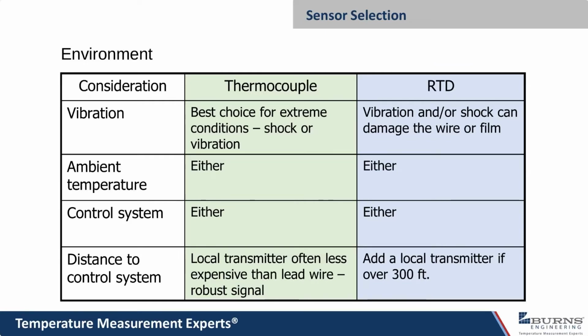The RTDs are less susceptible. As a rule of thumb, if you're going over 250, 300 feet, it's probably a good idea to put a transmitter mounted right at the RTD. Then you're running just a current, typically a 4 to 20 milliamp signal, which is a lot more robust than trying to measure RTD resistance over a 300-foot long cable.